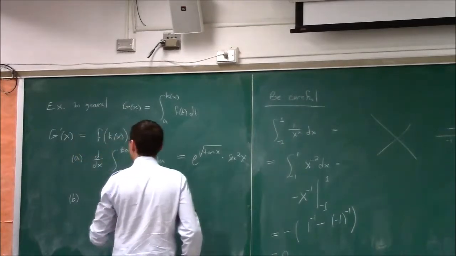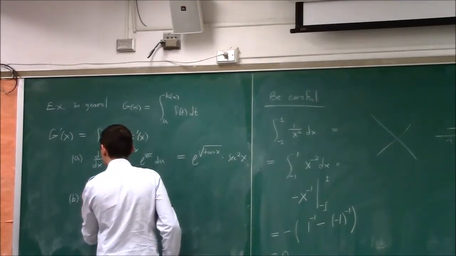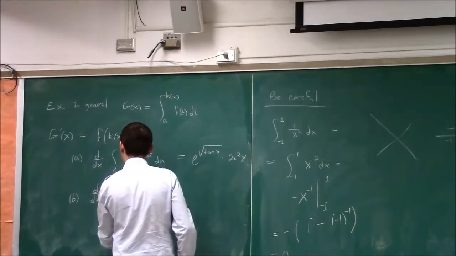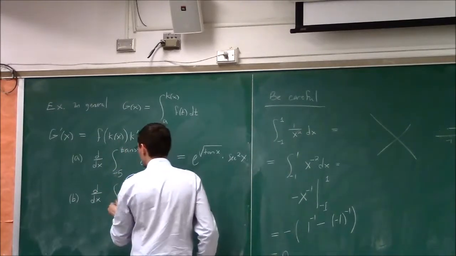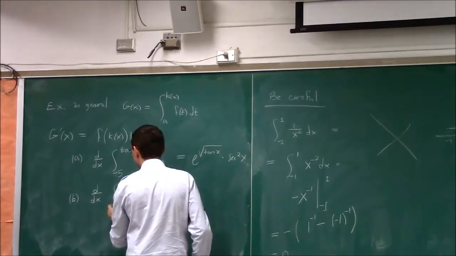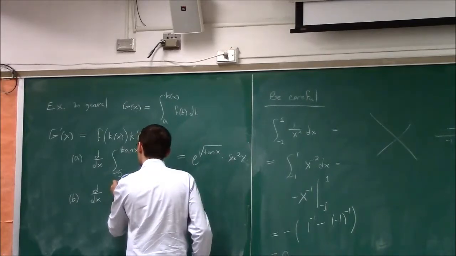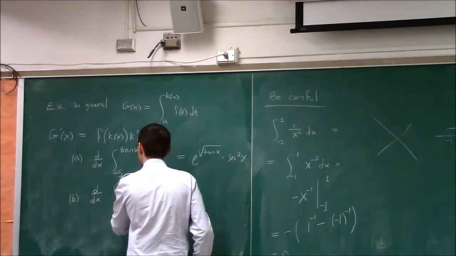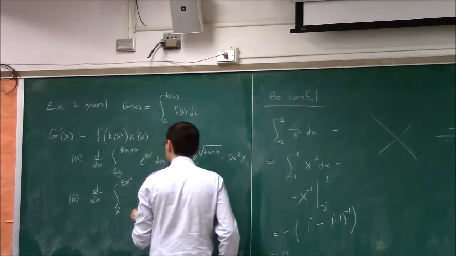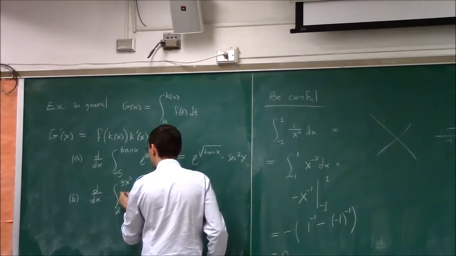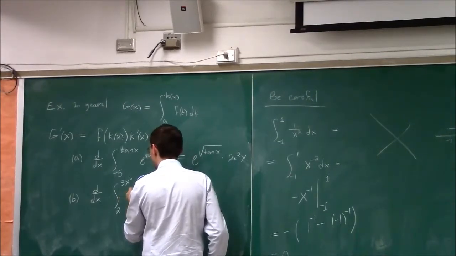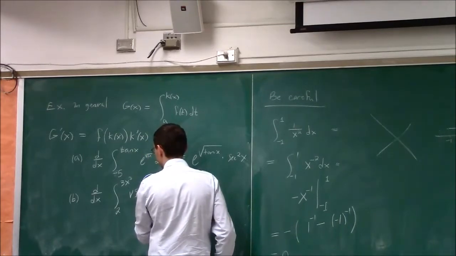Part b. What's the derivative of the integral from 2 to 3x cubed of v sine of v dv?